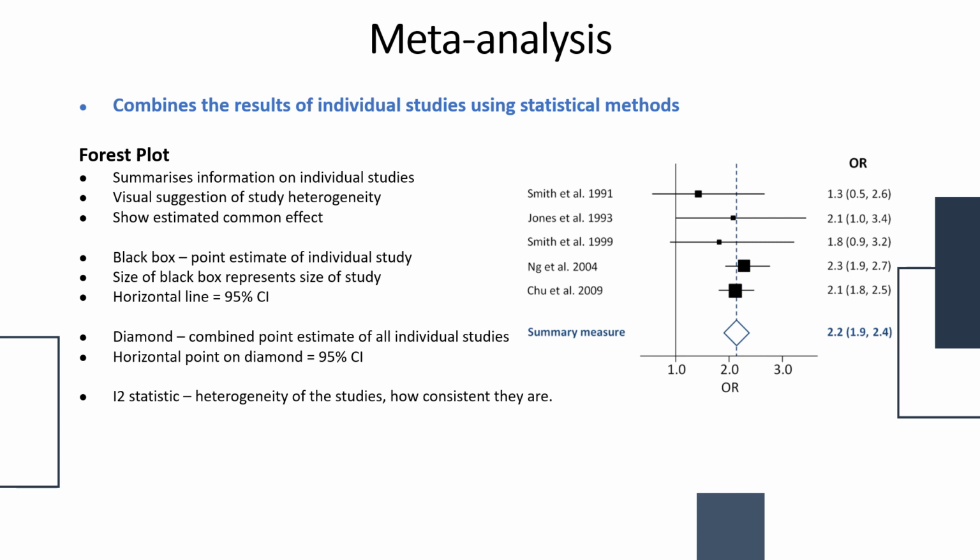You may find that you get the I-squared statistic. This is a statistic that tells you about the heterogeneity of the studies, so how consistent the studies are that have been included in the meta-analysis. I encourage you to go away and have a look at some forest plots and think about how you might interpret them, as these are often quite common exam questions.